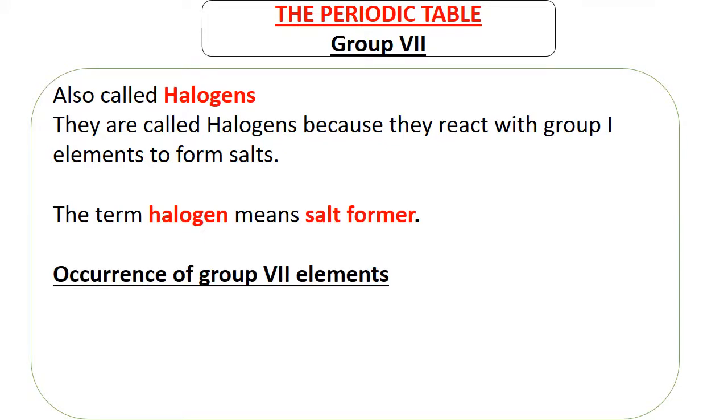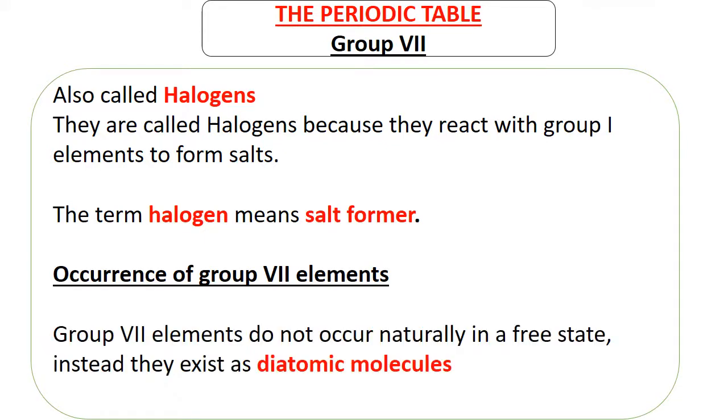So where are group 7 elements found? Group 7 elements do not occur naturally in a free state, just like group 1 and group 2. Instead, they exist as diatomic molecules. Group 1 and group 2 just exist in compounds, while group 7 elements exist in the form of molecules. What diatomic means is they exist as molecules made of two atoms that are combined.